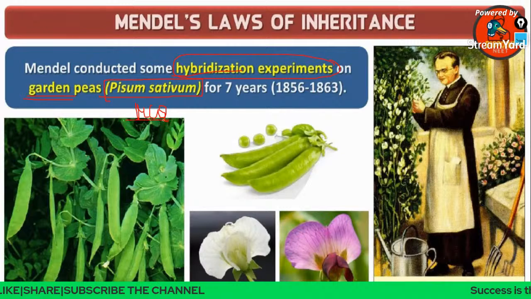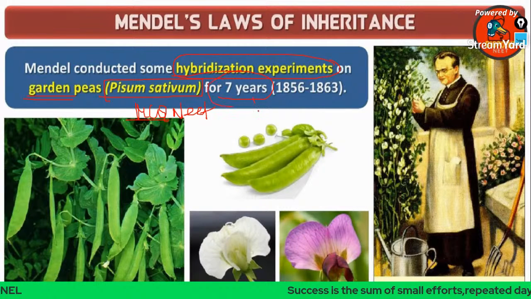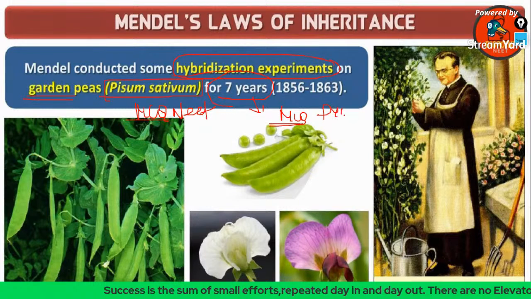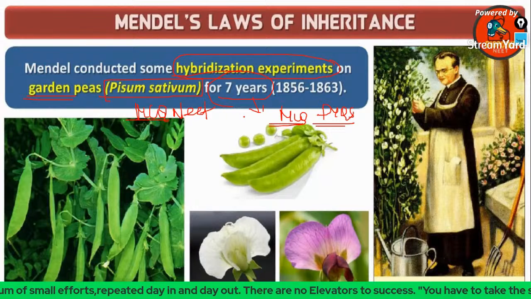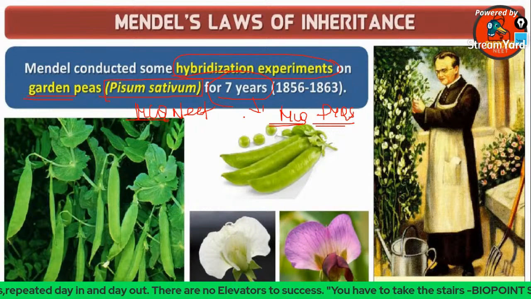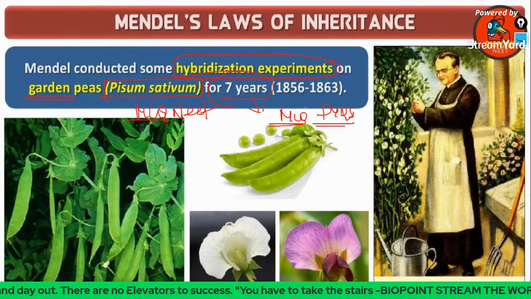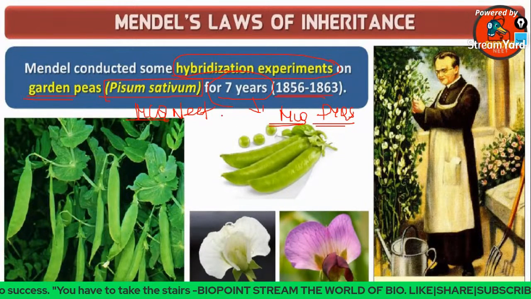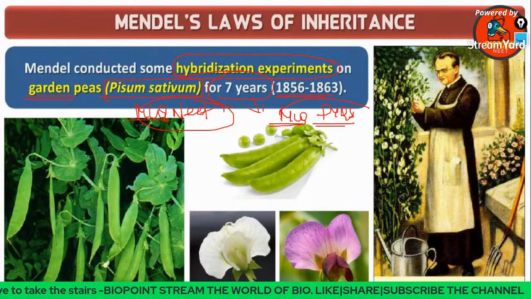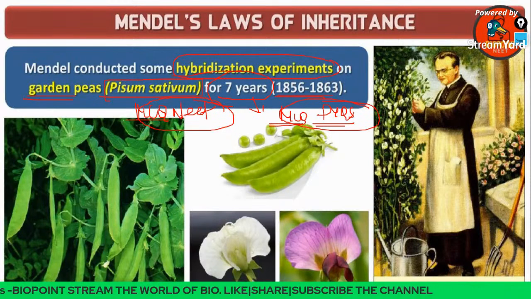This is a previous year NEET MCQ. Mendel conducted hybridization experiments on garden pea or Pisum sativum for 7 years, that is from 1856 to 1863. This was a previous year MCQ question.